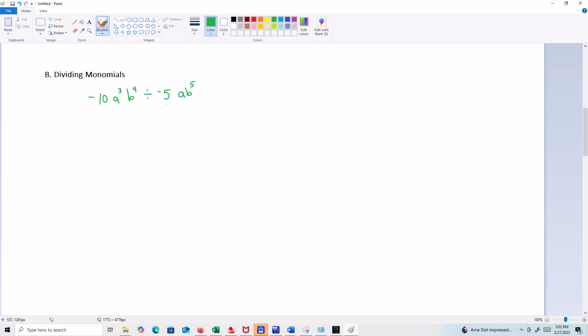Each of these is a monomial, and the two monomials are then being divided. So we're going to rewrite it to be negative 10a cubed b to the 4th divided by negative 5ab to the 5th.